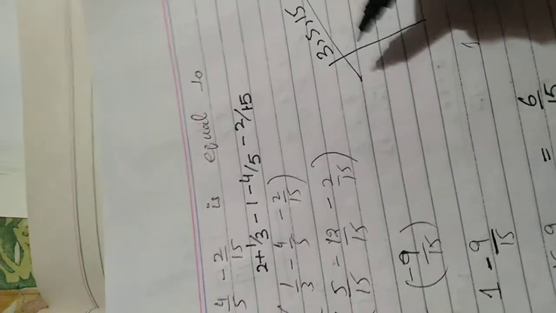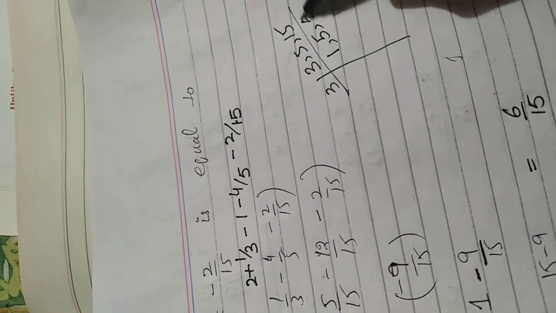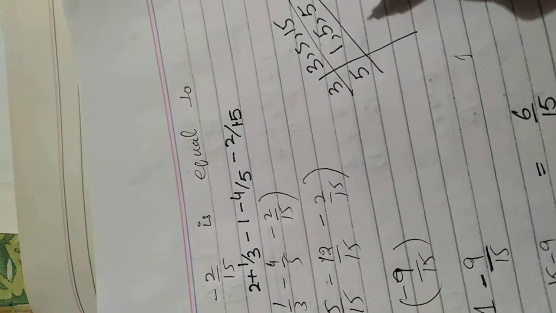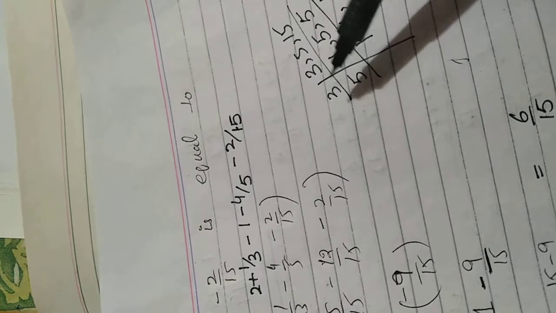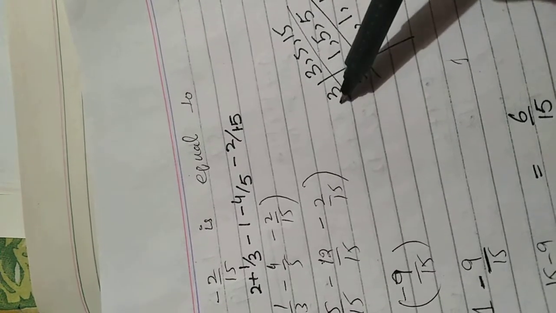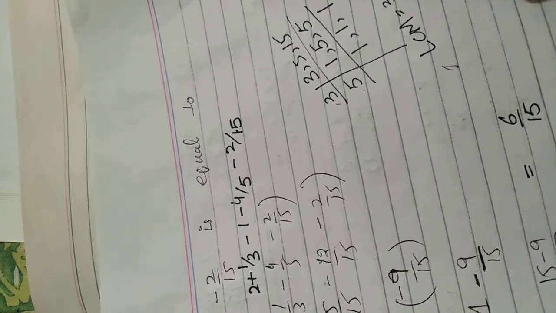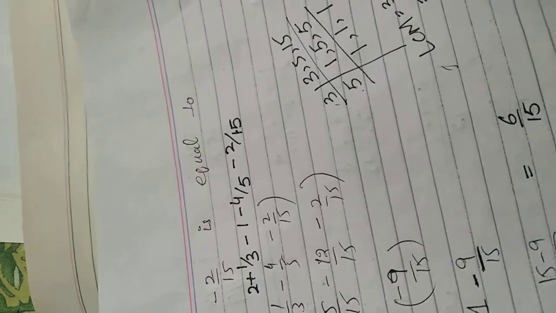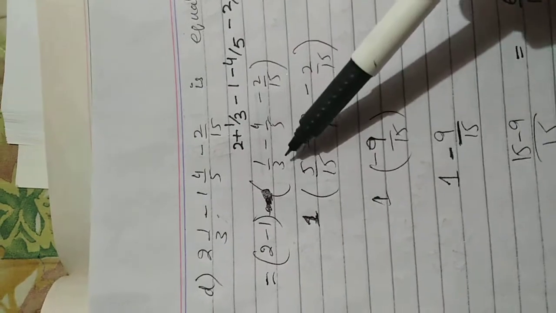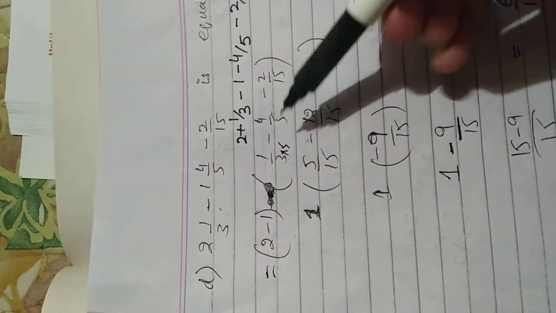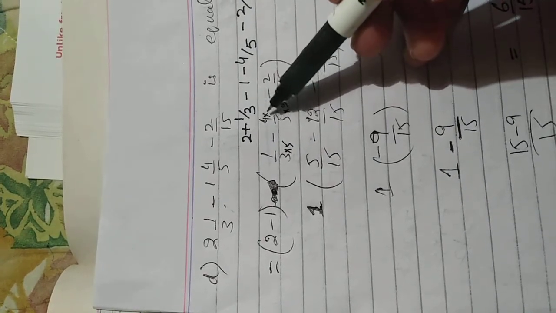First we will find the LCM of their denominators. Denominators are 3, 5, 15. 3 1 time 3, 5 as it is, 3 5 times 15. Now 5 1 time 5, 5 1 time 5, 1 as it is. So the LCM of 3, 5 and 15 is 3 times 5 times 1, 15.